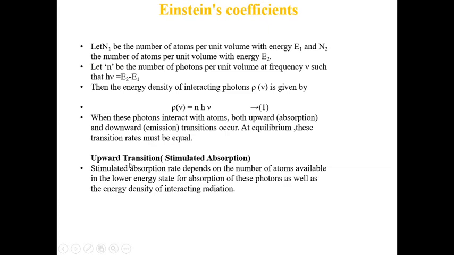Next, upward transition means absorption, so stimulated absorption. The stimulated absorption rate depends upon the number of atoms available in the lower energy state for absorption of these photons, as well as the energy density of the interacting radiation.